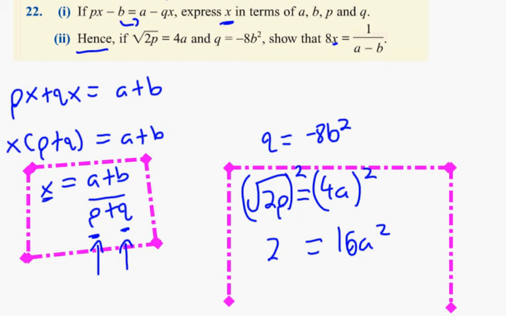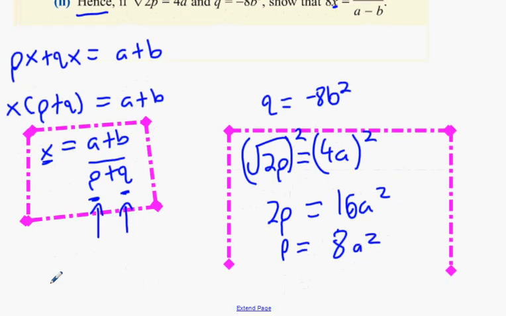Thank you. Okay. So 8a squared. So, first thing I've done is I've replaced this x with a plus b, and I've forensically got rid of the p. The p has now disappeared, and it's 8a squared.